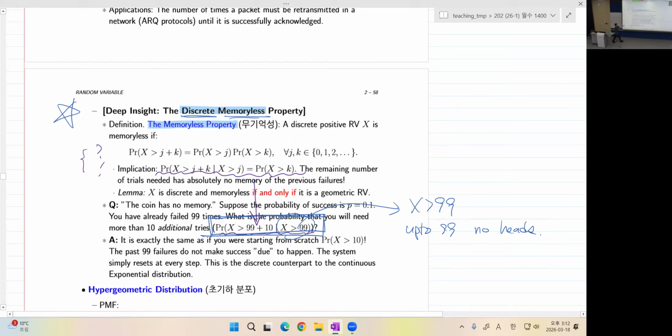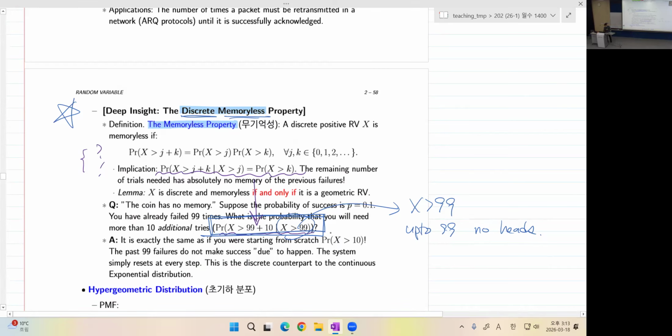And what is the probability that X is greater than 109? X is the number of coin tosses. So X greater than 99 means, as I told you, no heads up to 99. And this means that X is greater than 109.